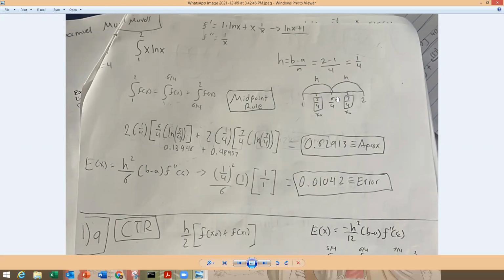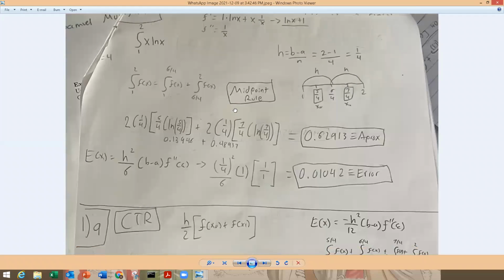So from 1 to 6 over 4, the midpoint is 5 over 4. Then from 6 over 4 to 2, our midpoint is 7 over 4. So then we only do this: the integral from 1 to 2 using the composite method of f of x. From 1 to 6 over 4, we put f of 5 over 4. Then from 6 over 4 to 2, we put f of 7 over 4.